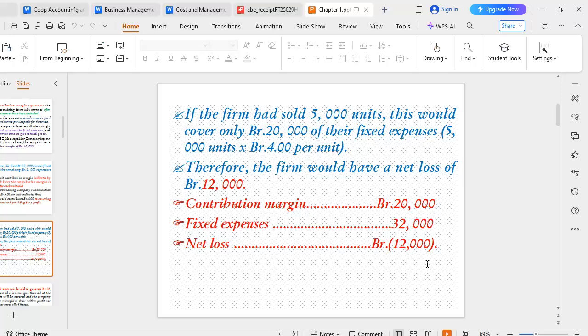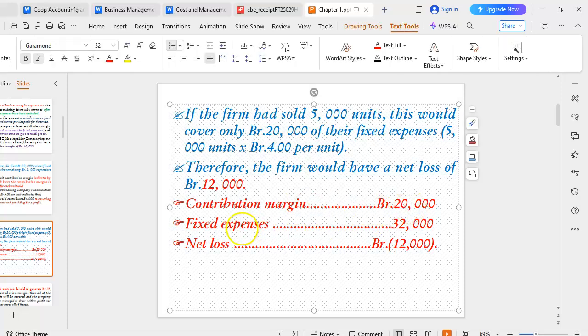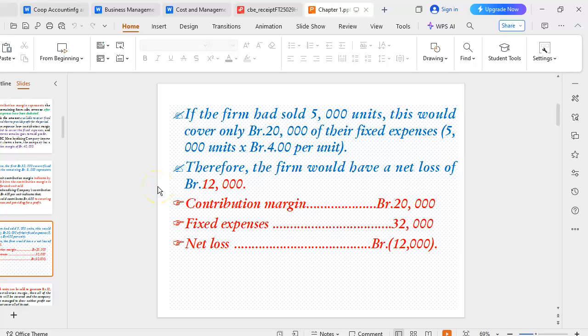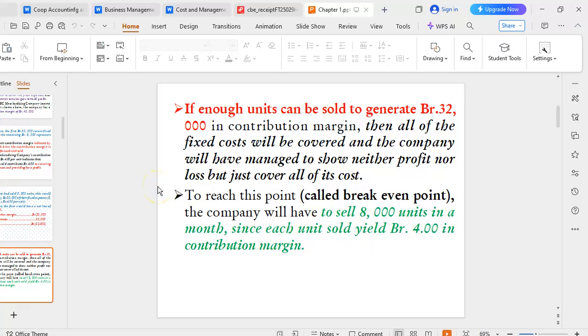Therefore, the firm would have a net loss of 12,000. If the contribution margin is only 20,000 and our fixed cost is 32,000, the fixed cost is greater than the margin, so now it is a loss of 12,000.